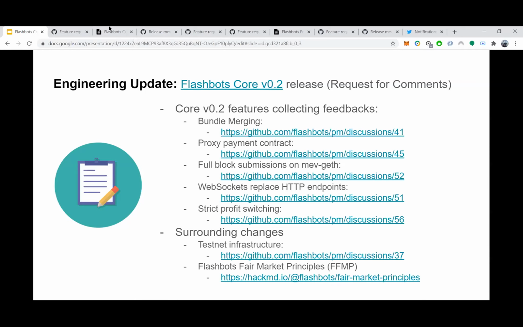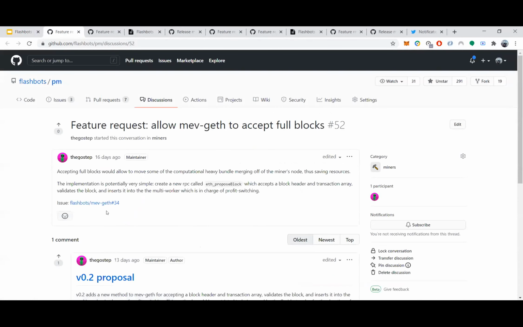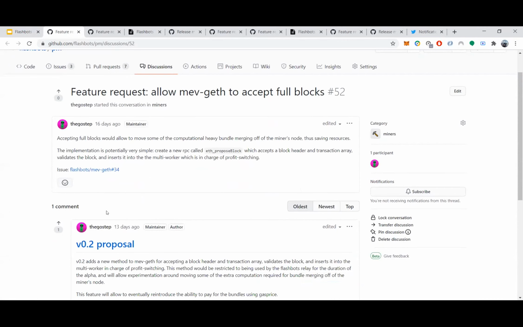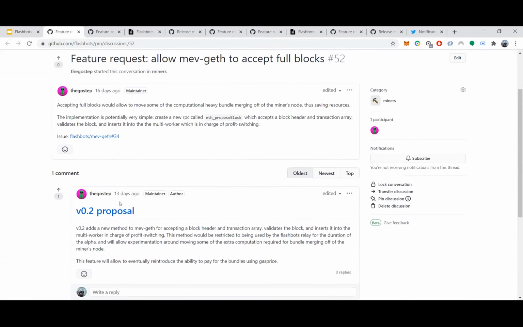I'll cover the next three relatively quickly. Full block submission on MEV Geth provides a way for the relay to provide a full block template to the miners. This essentially brings up the opportunity for us to do bundle merging on the relay side, or provide searchers with the ability to do bundle merging themselves.